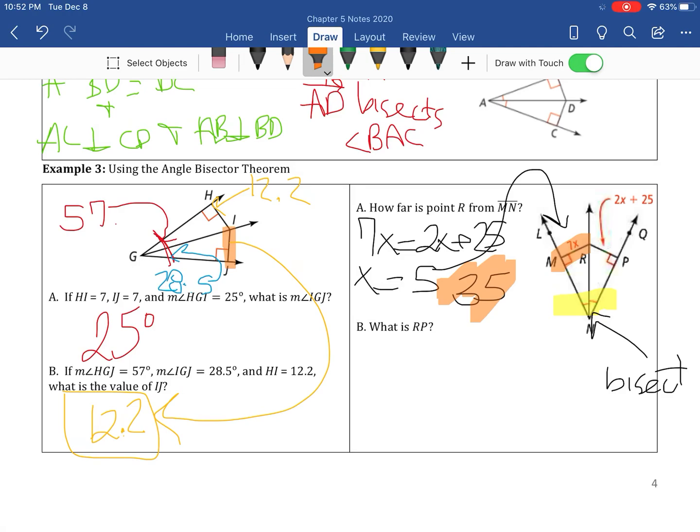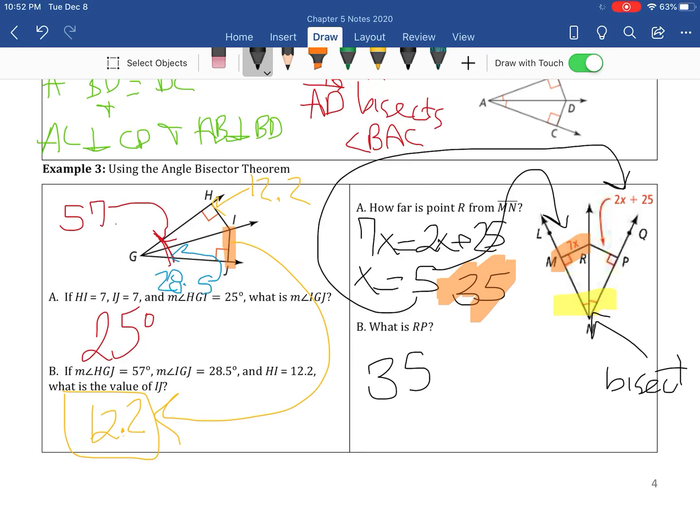Well, it does say what's RP. Wait a second. I could plug 5 back in again, but if I use my relationships, I would know that RP and MN are going to be the same there, right? Now, wait a second here.